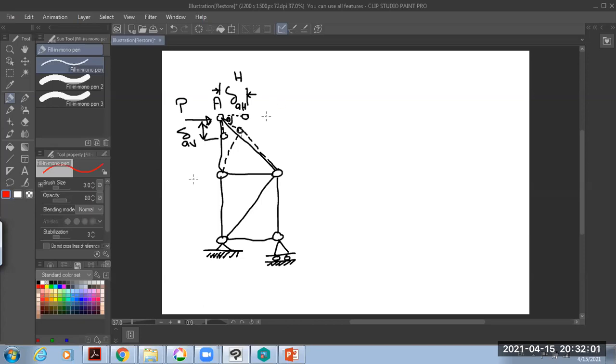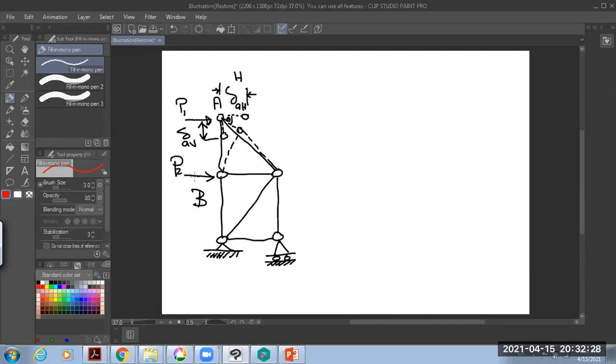What about joint B? Joint B has loads B1 and B2 applied on the joint. In your opinion, is this joint free in the horizontal direction or free in the vertical direction?